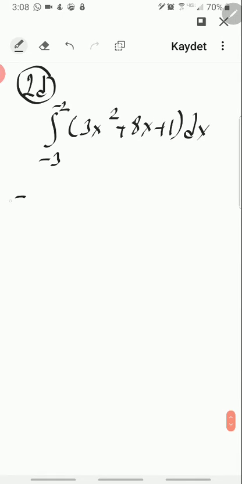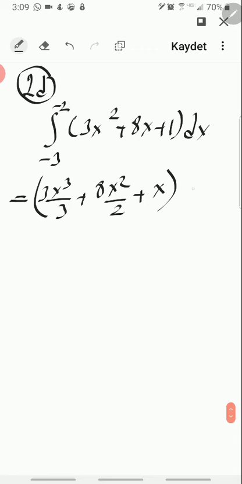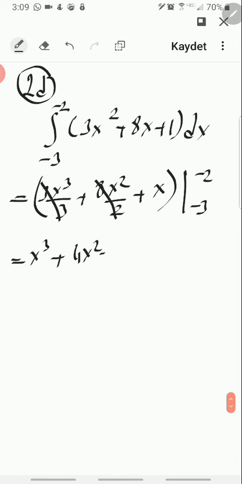Let us integrate this: 3x cubed over 3, you see the cancellation, plus 8x squared over 2, plus the integral of 1, which is x, from minus 3 to minus 2. We get the cancellation here: x cubed plus 4x squared plus x.